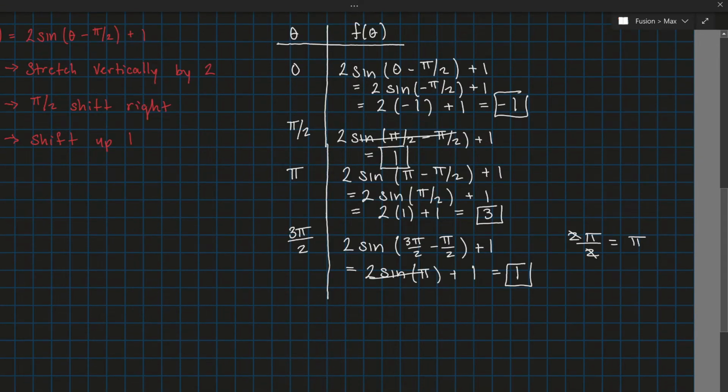Okay. And finally, 2 sine of 2 pi minus pi over 2 plus 1. So now this is 3 pi over 2, right? Sine of 3 pi over 2 is what?